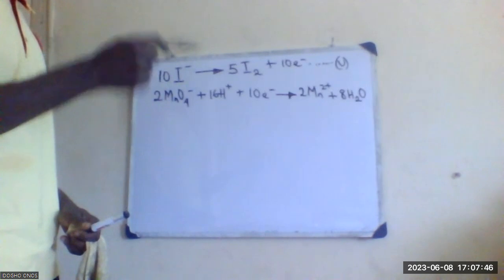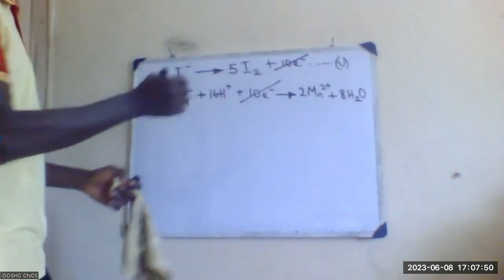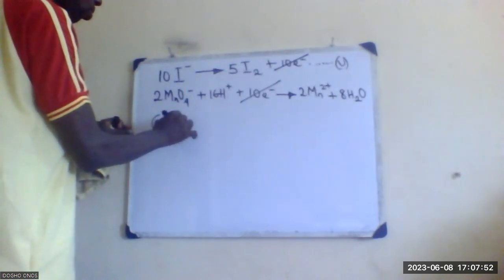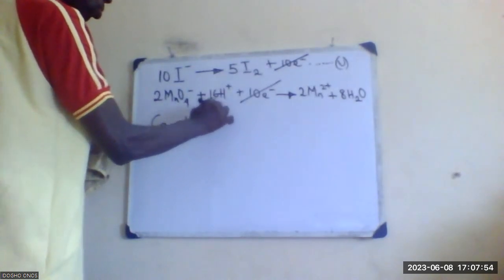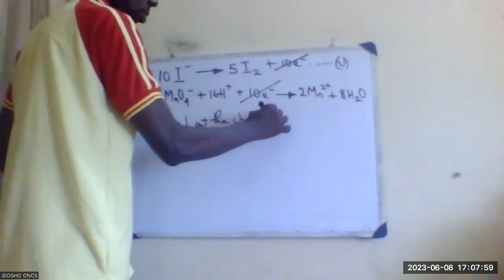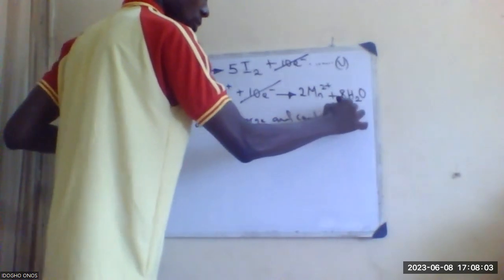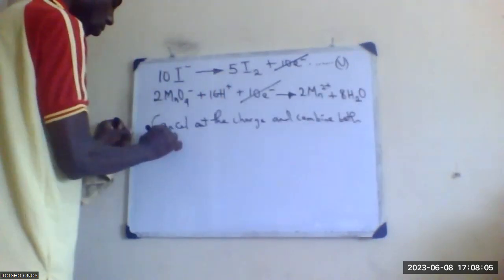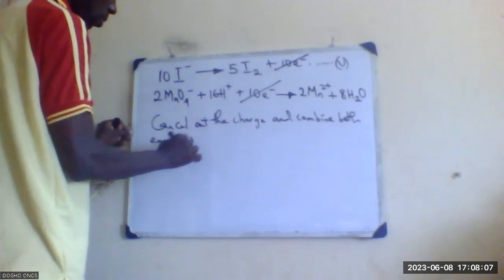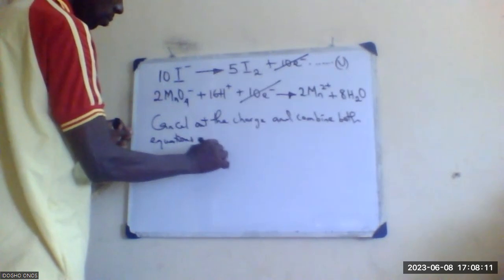Cancel out the electrons, so this and this will cancel out, and then combine both equations. So we now have the overall equation.